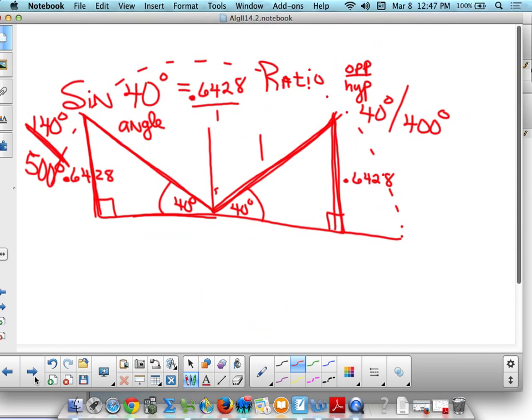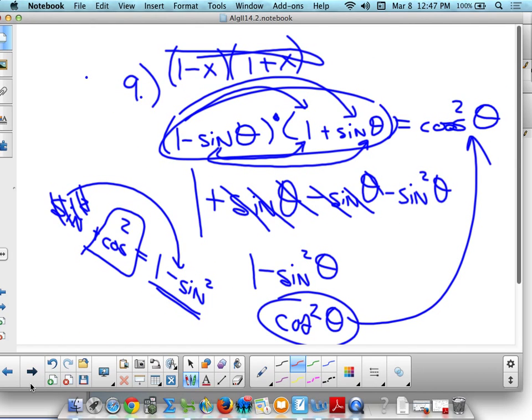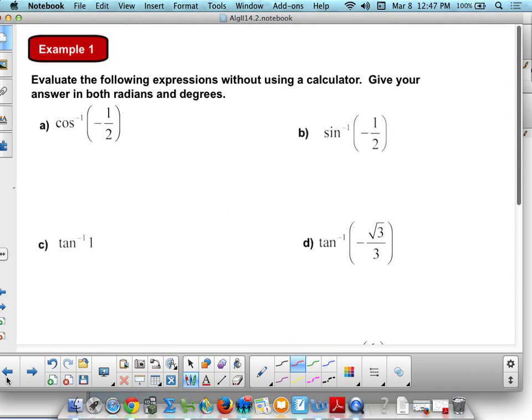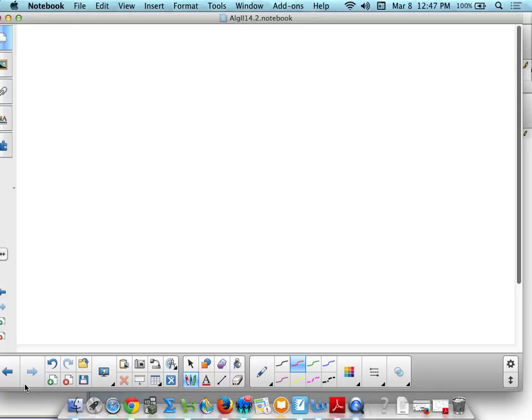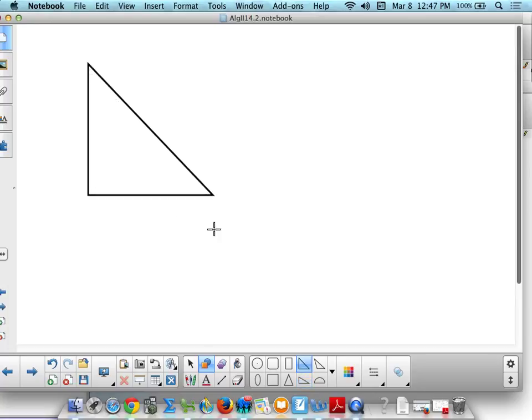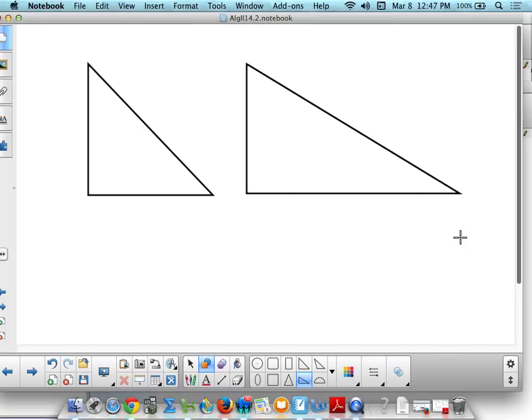Okay, now, would you do yourself a favor and do this? I need you to draw 2 triangles. Draw yourself a 45, and draw yourself a 30, 60, 90. And then label your legs. So in your 45, 45, your legs are 1, 1, square root of 2.